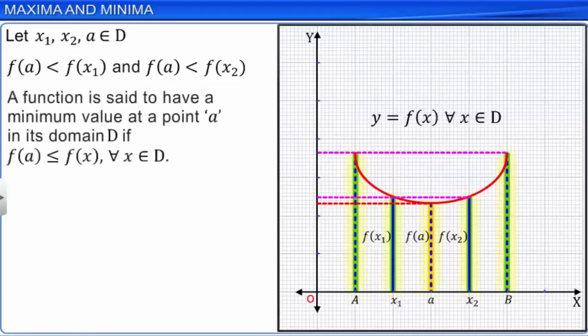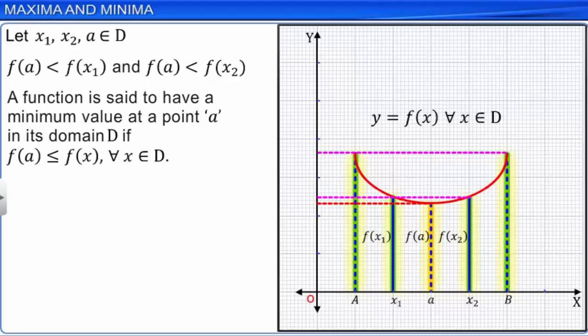Mathematically, a function f is said to have a minimum value at a point A in its domain if the value of the function at that point is less than or equal to the value of the function at any other point in its domain.